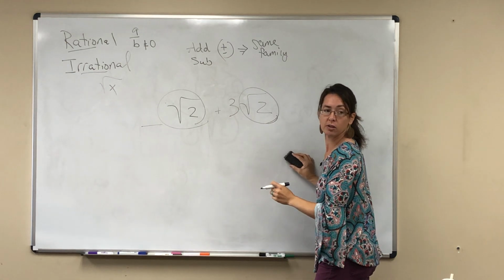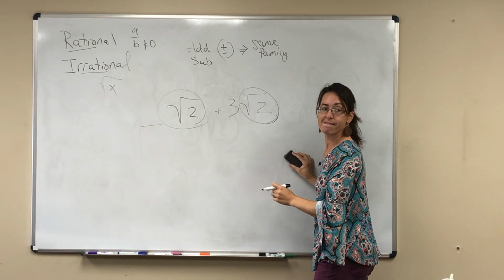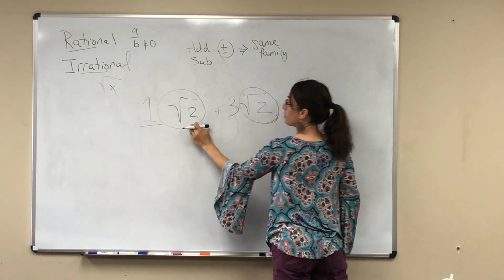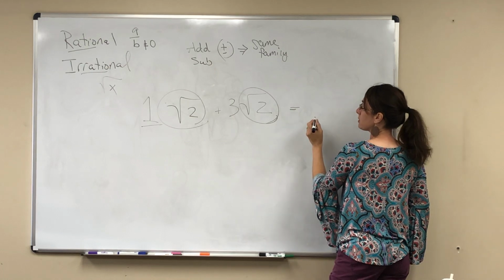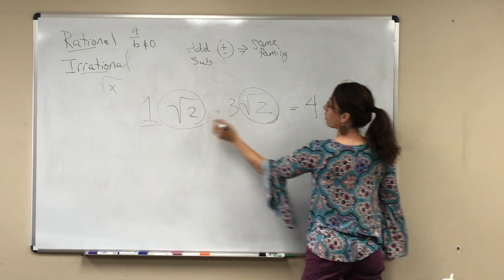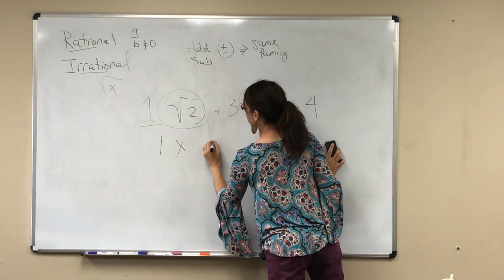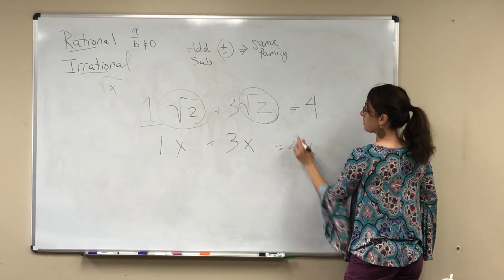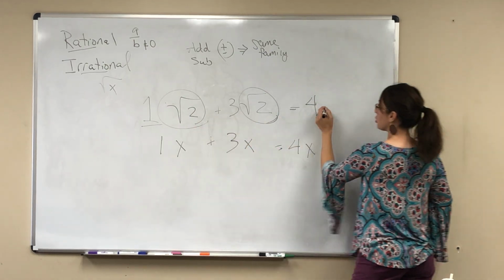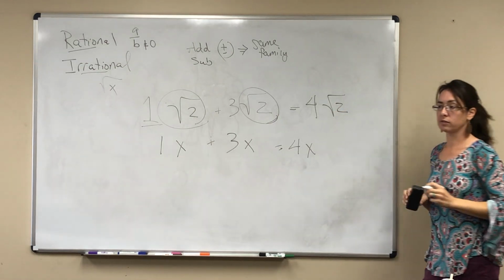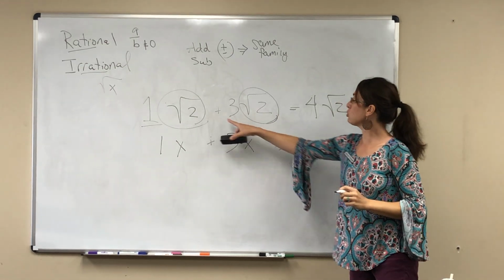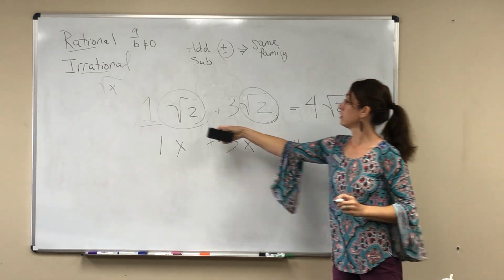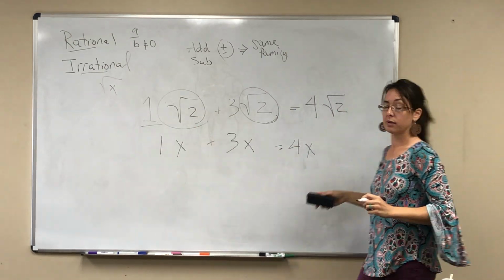What's really my coefficient right here? The number 1. Oh, 1. So now I have 1 square root of 2 plus 3 square roots of 2. I get 4 square root of 2. This would be the same as 1x plus 3x would give me 4x. My variable is just my root there, okay? Addition and subtraction, we have to have the same root. Then you just combine the coefficients.